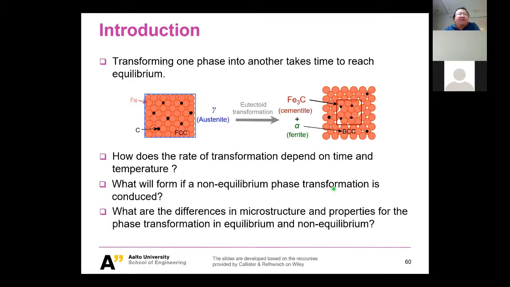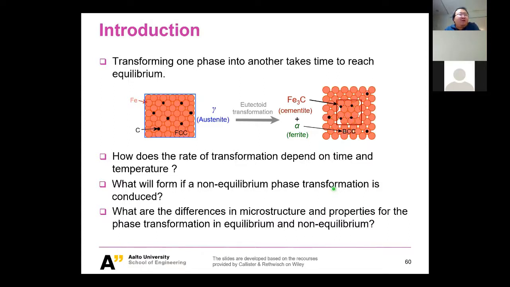Yeah, so phase transformation happens with time, to reach the equilibrium. So then you easily ask, well, what is the rate? How much time do I need to get the equilibrium? Yeah, that's one thing. But if the time is really long, if it's seconds, minutes, that's okay. If it's days, we cannot wait for that, right?